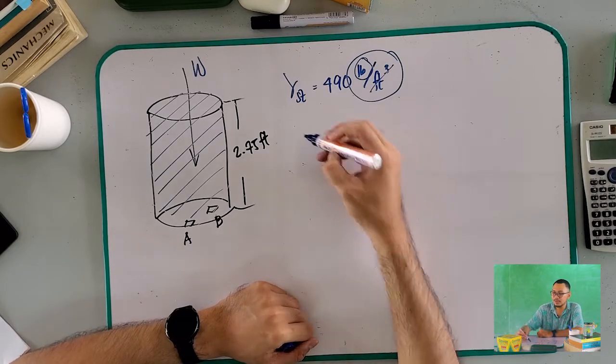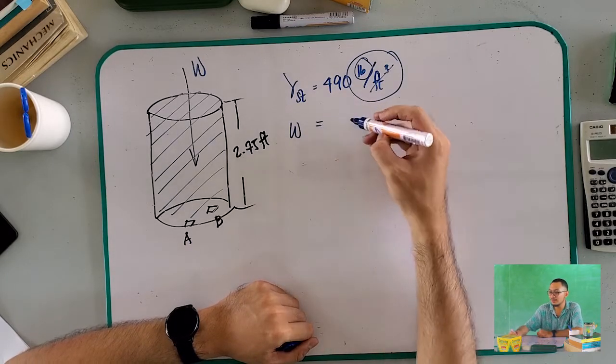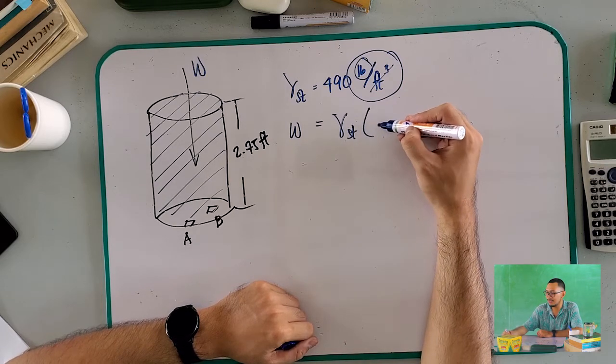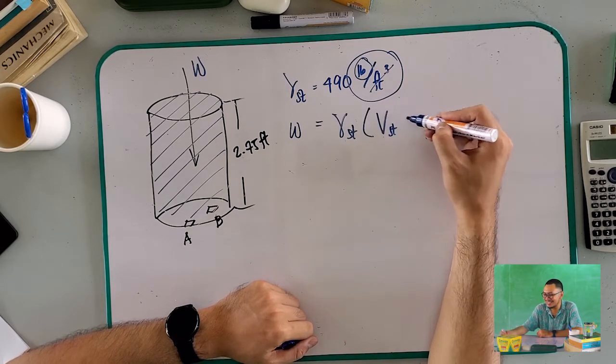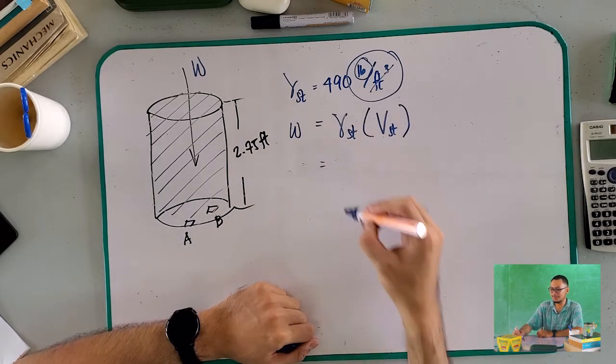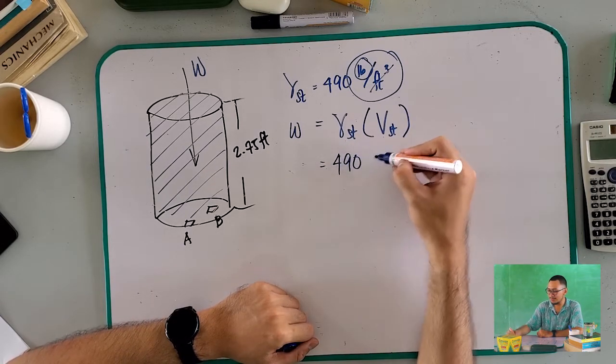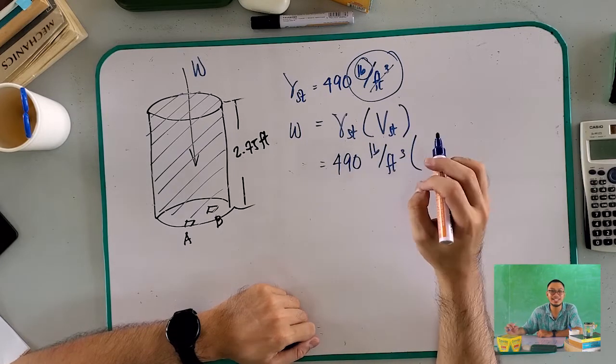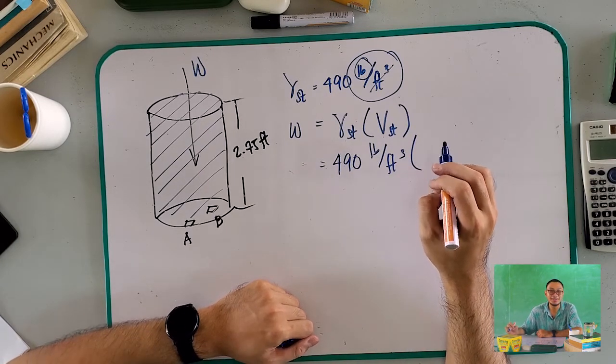Okay? So, to get the weight of the whole cylinder, gamma ST times the volume of ST. So, 490 pounds per cubic feet multiplied by the volume of a cylinder. Ang volume kay area times height. So, unsa may area ani nga circle?